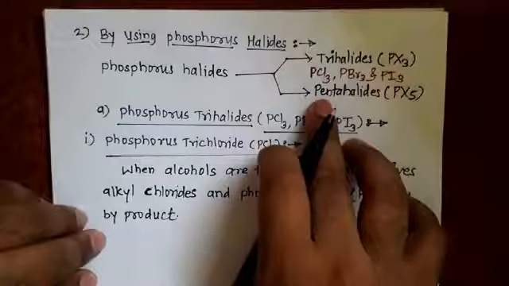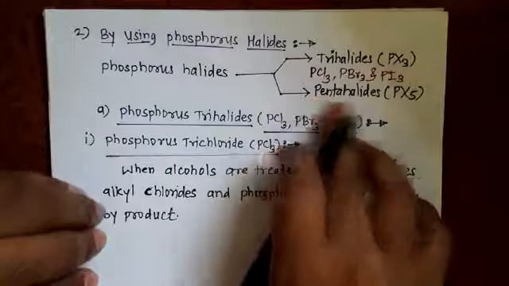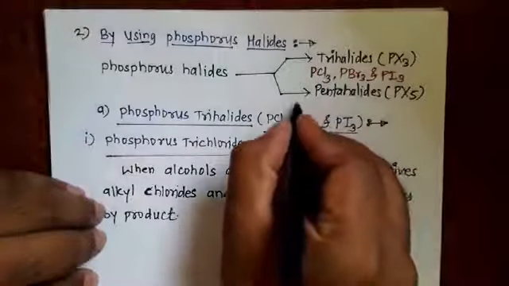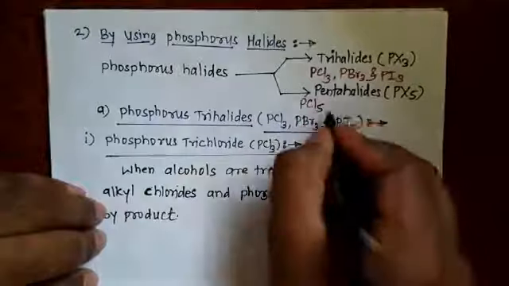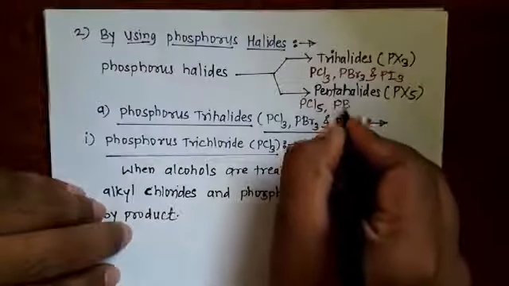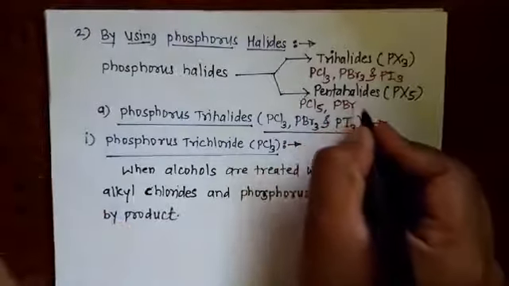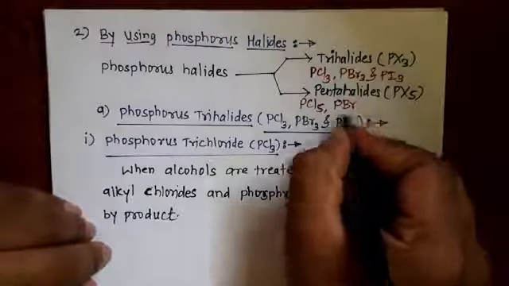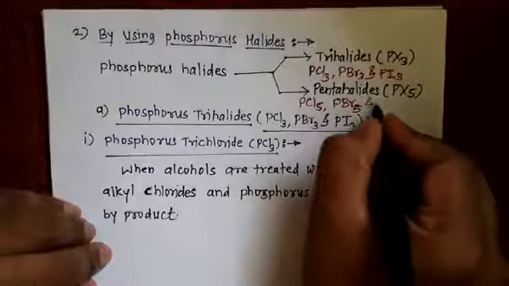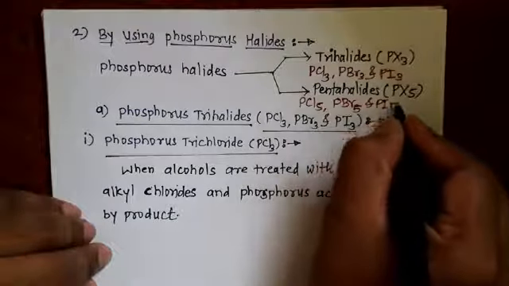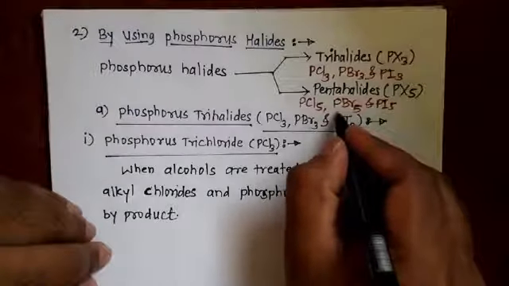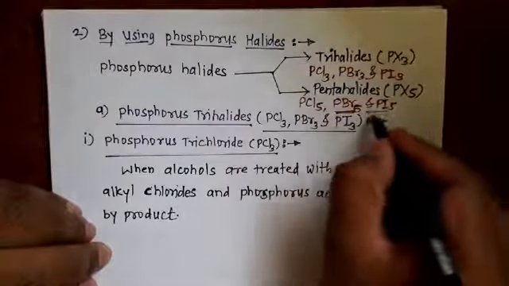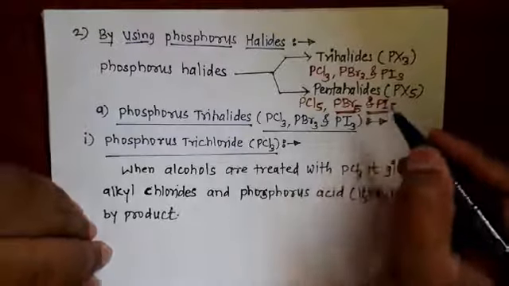The next type of phosphorus halides is phosphorus pentahalides. This type of phosphorus halide only includes the stable phosphorus pentahalide PCl5, and both PBr5 and PI5 do not exist.